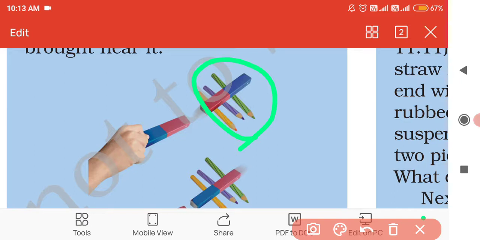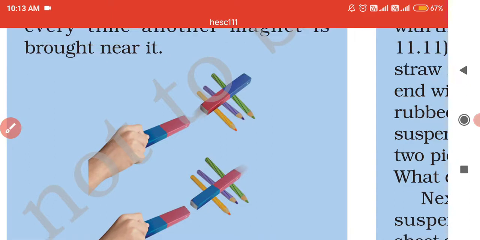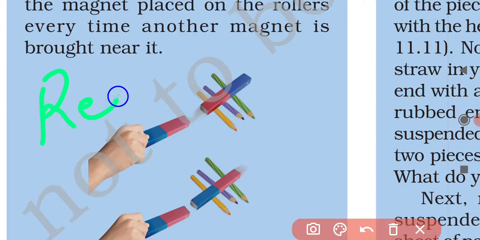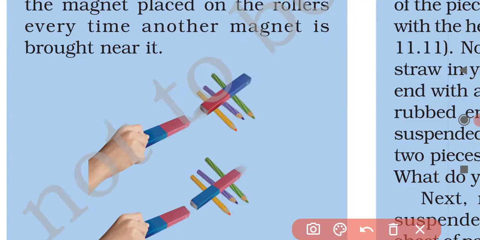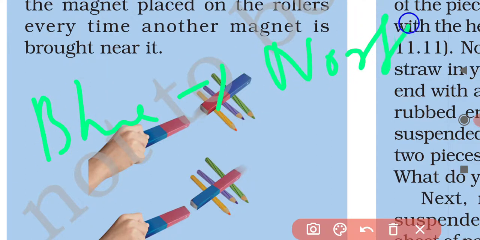Now as you can see, there are two colors, one is red and one is blue. So one of the colors is considered to be the north pole and the other one is the south pole. Suppose I take red color as the south pole, we have to assume, and the blue color as the north pole.